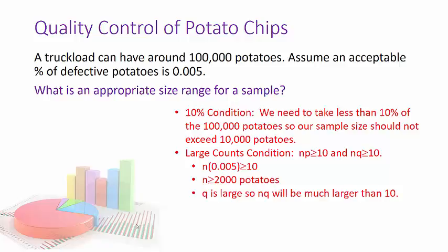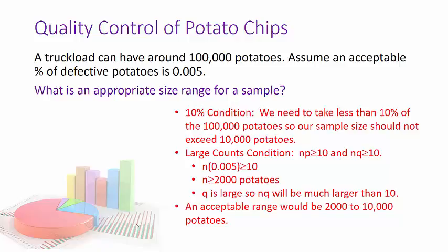Now q is large, so nq will be much larger than 10. You really should go 0.995 times n times q with n at 2,000, and you see you've got almost 2,000 potatoes. So that's fine. So an acceptable range would be anywhere from 2,000 to 10,000 potatoes.